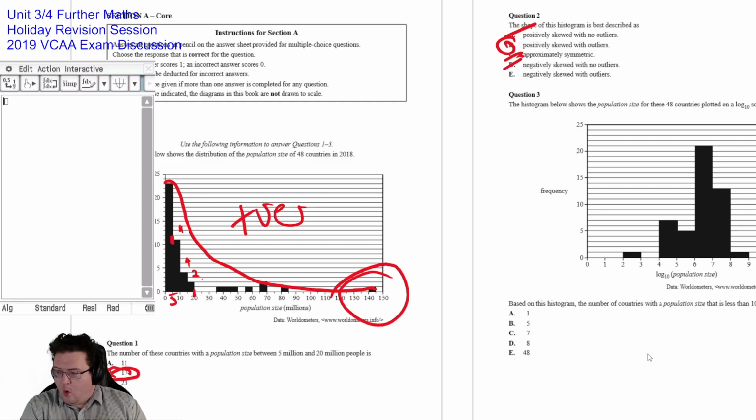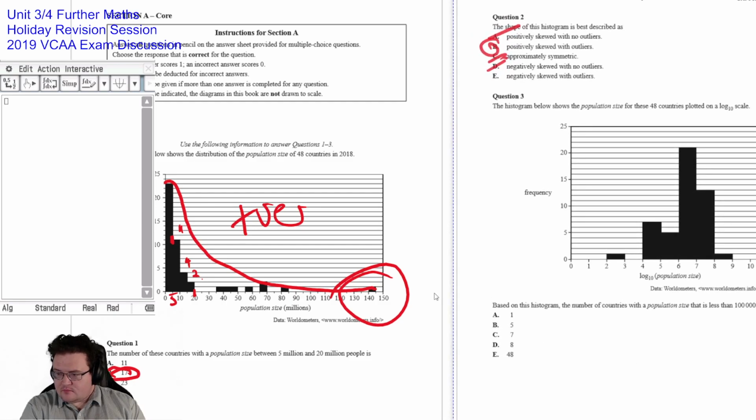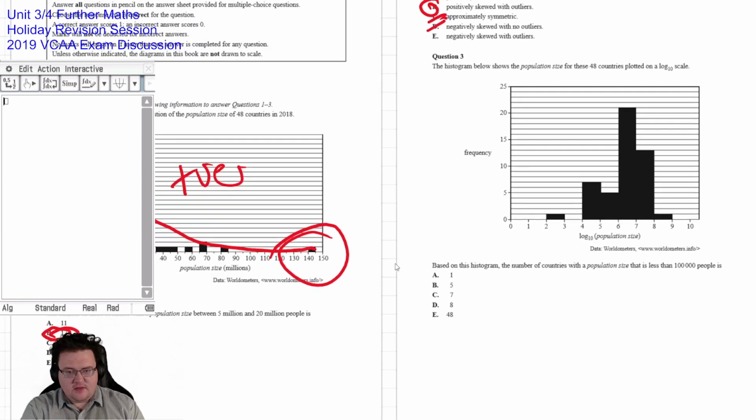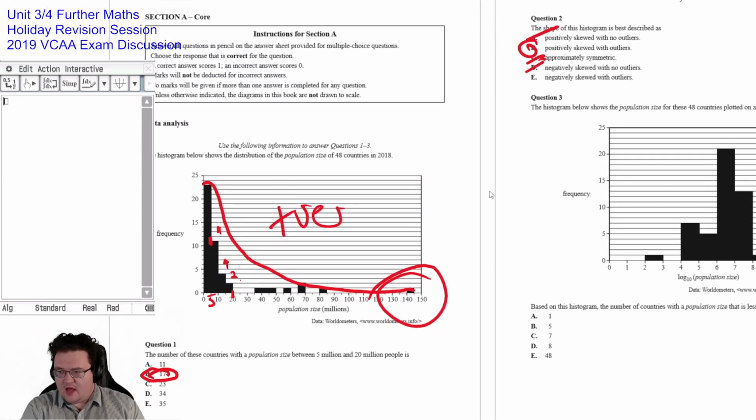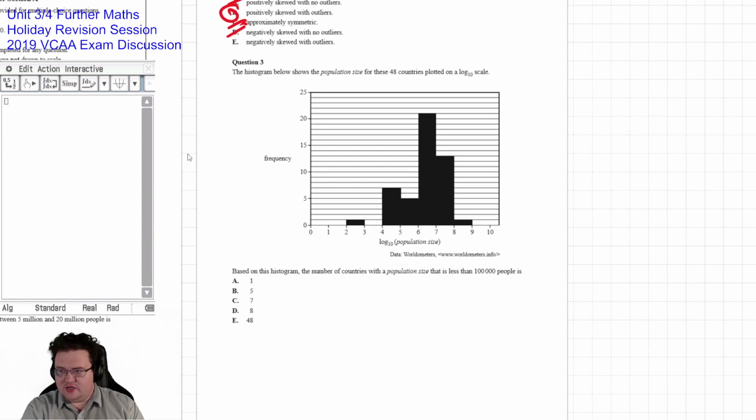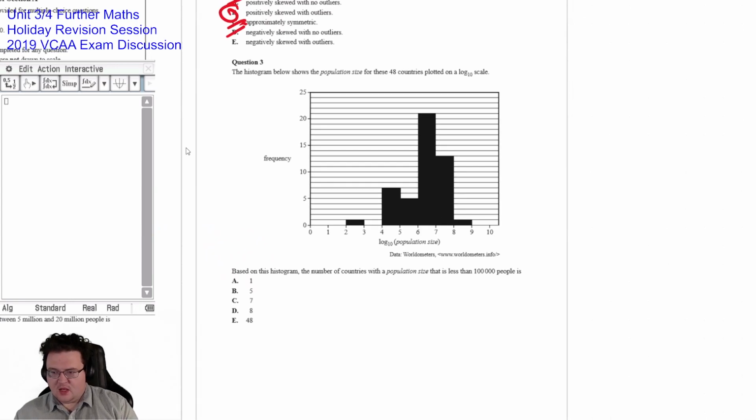So what they've now done is they have taken the histogram and they've turned it into a log 10 scale chart. Based on this histogram, the number of countries with a population less than 100,000 people. Because this is a log scale, log 10, which of these log 10 numbers represents 100,000 people?